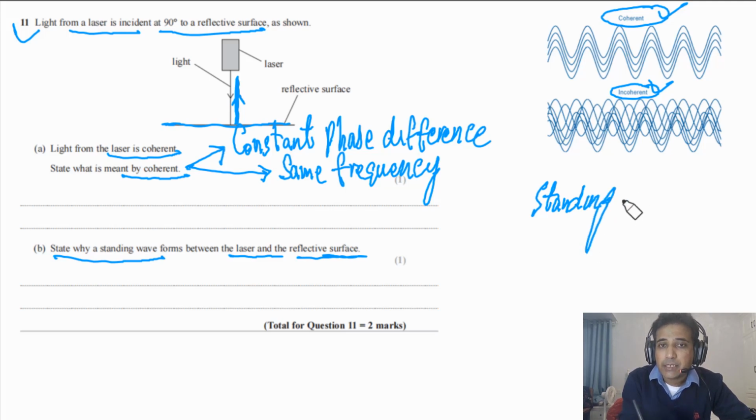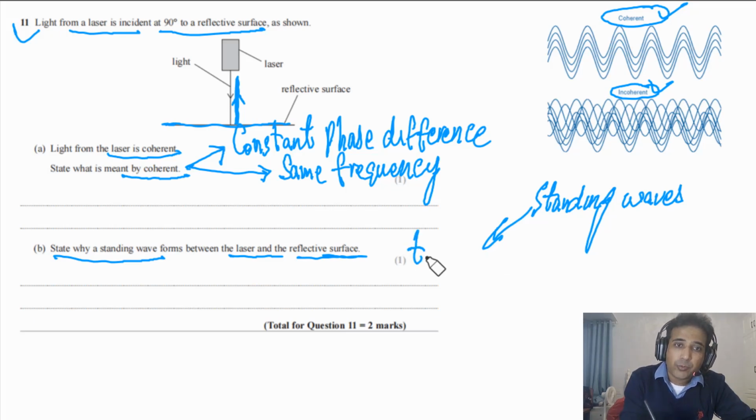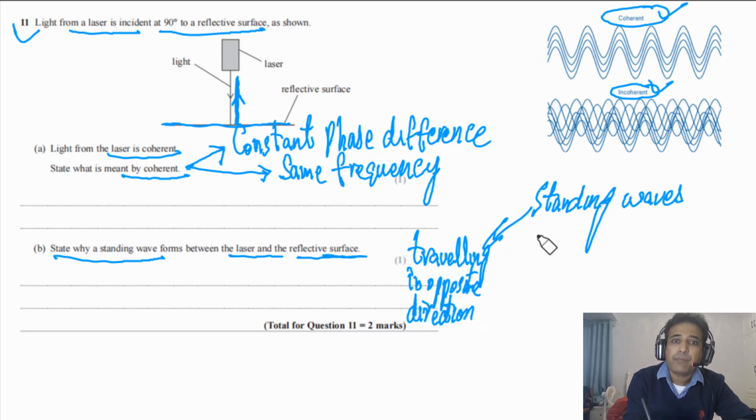Conditions for standing waves. When standing waves are formed, the first condition you need to understand is that the waves need to travel in opposite directions. And same type of waves, very important.